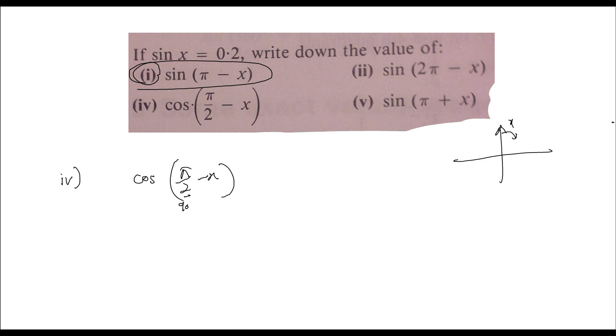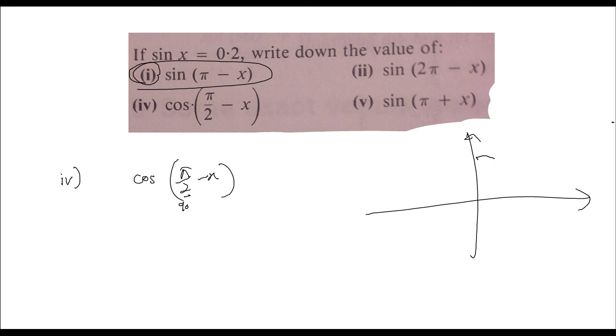So if I draw this in a quadrant, I am somewhere here. That's pi by 2 minus x. So when you have cos 90, the sign of this would be all, that means positive, and then cos 90 becomes sine x, and sine x is 0.2, plus 0.2. That's your answer.